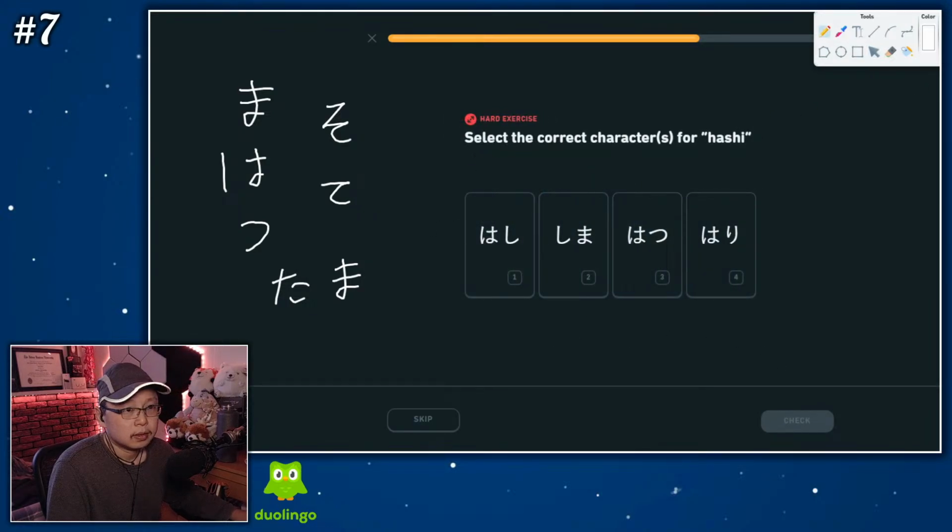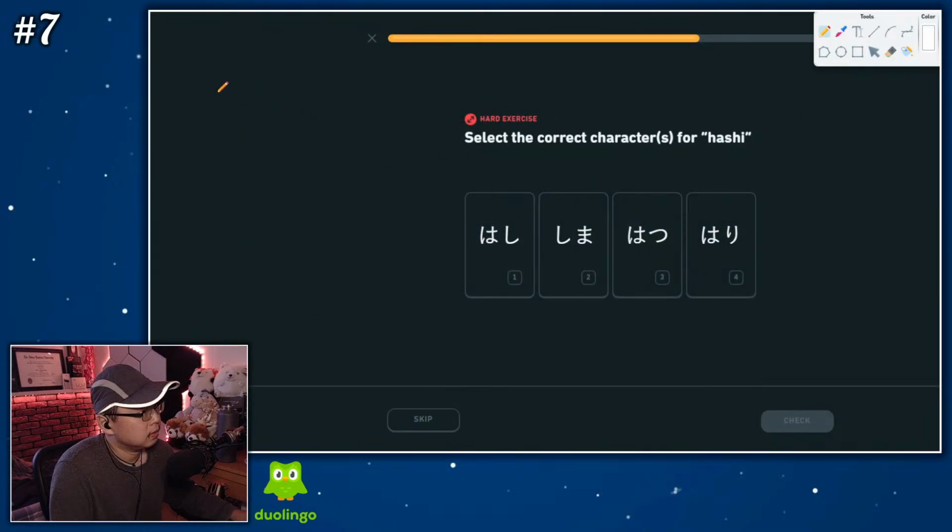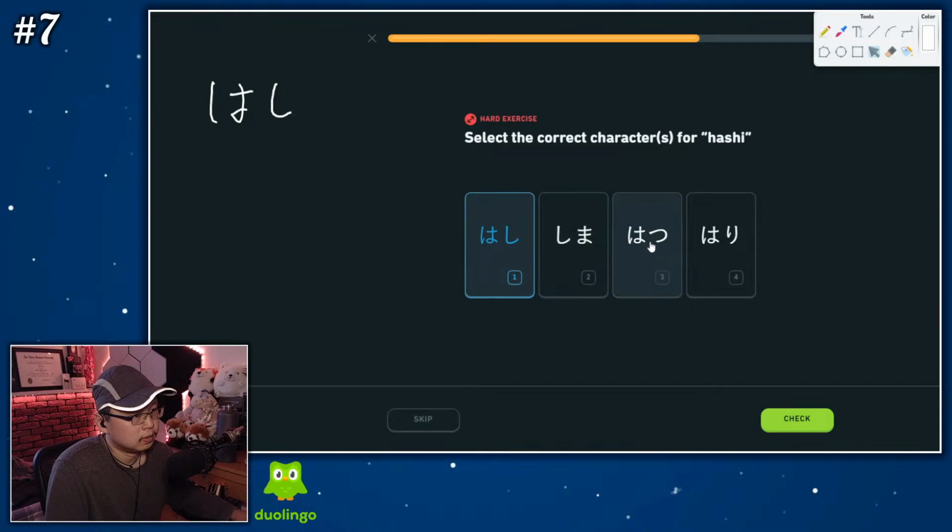Hashi. Hashi. And this is shima, shima, hachi, hachu, hats.